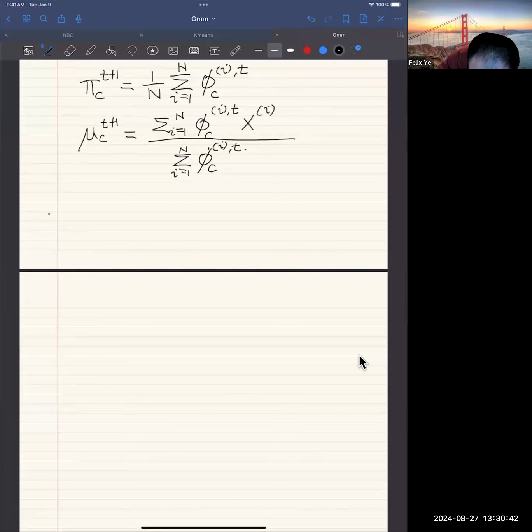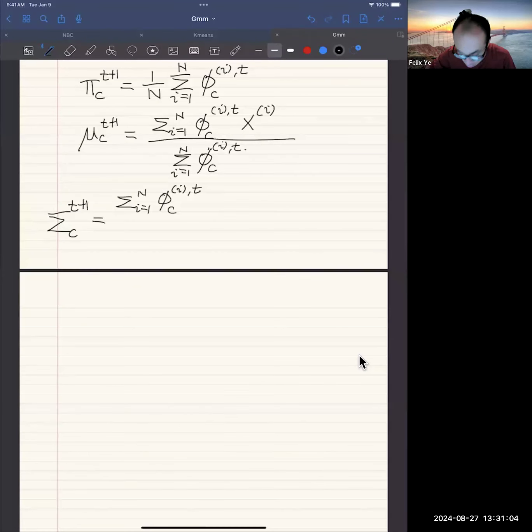And also sigma c at t plus 1 is the summation i from 1 to n, also weighted, of the weighted sample covariances.